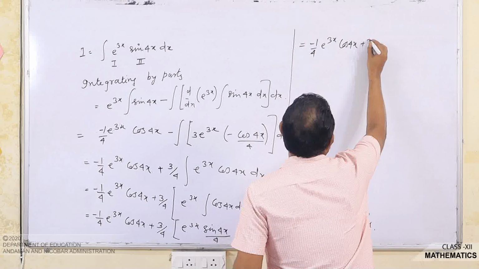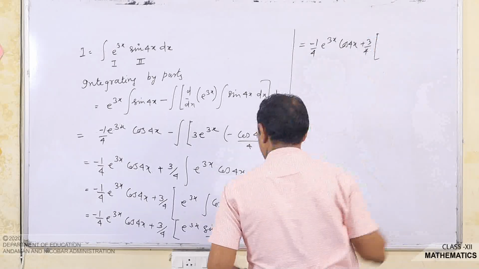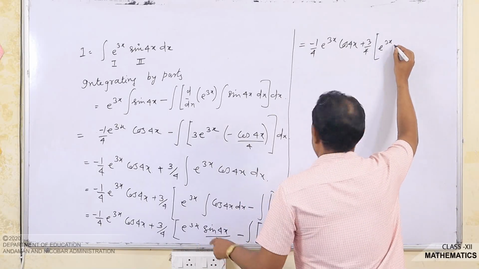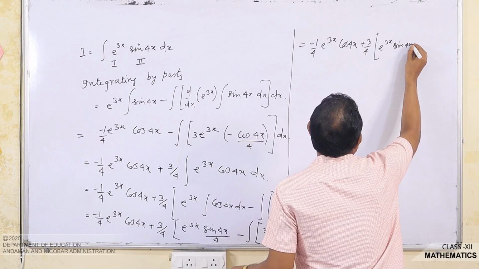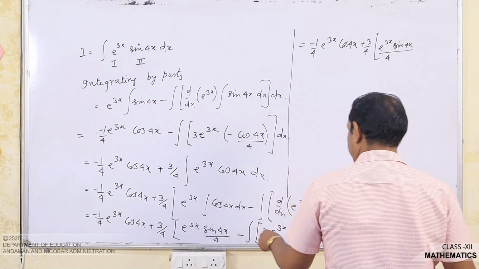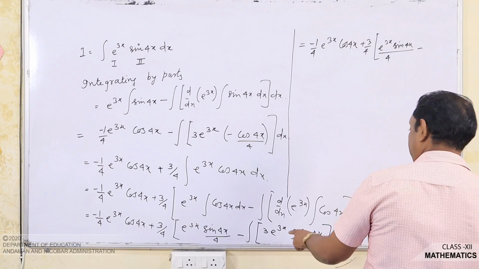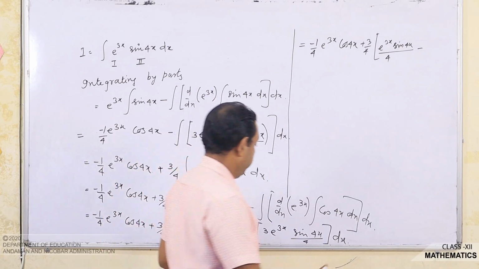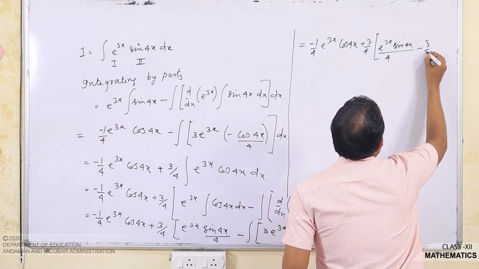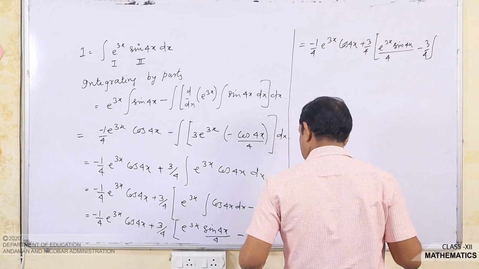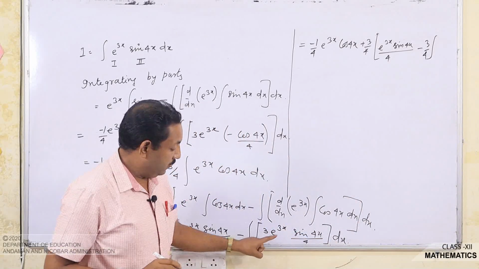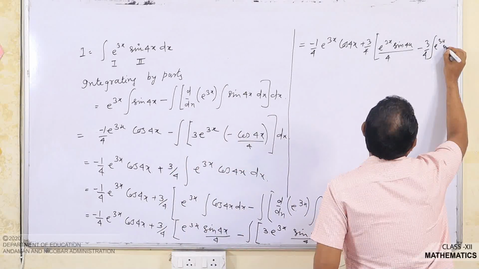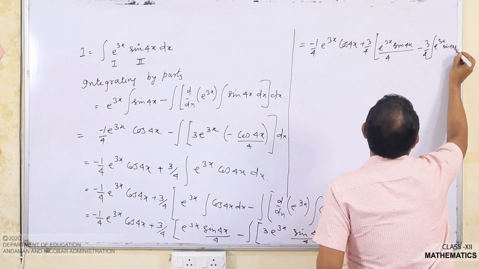Plus 3 by 4 times of e power 3x sin 4x by 4 minus, here again you can take this 3 by 4 out of this integration sign, and within the integration you have e power 3x sin 4x and dx.